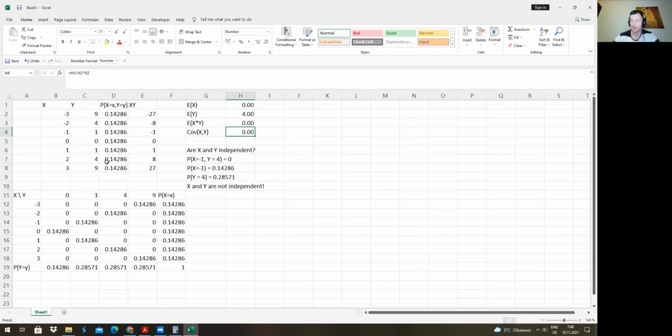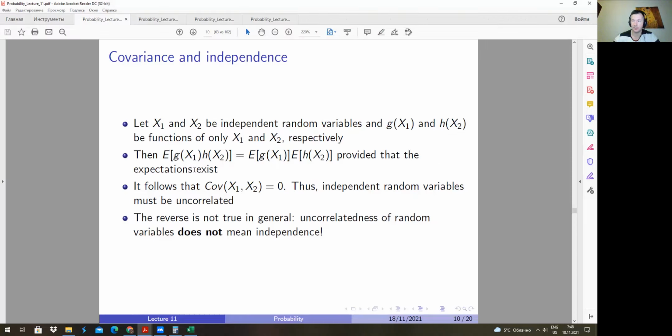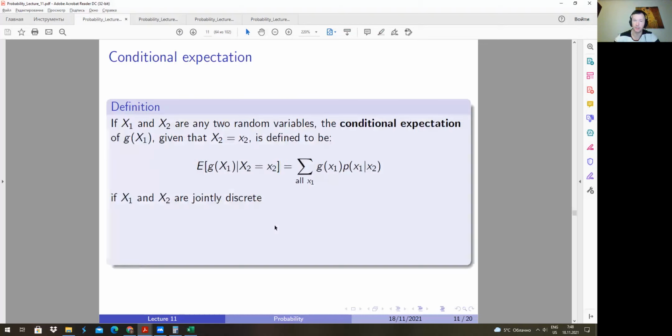When the dependency is not linear, like here, the quadratic, because as I said, y was the square of x. If the dependency is quadratic, cubic, or some other nonlinear shape, the covariance might be very close to 0, and the correlation as well, while the variables are dependent. That's an important thing, and don't forget about it.